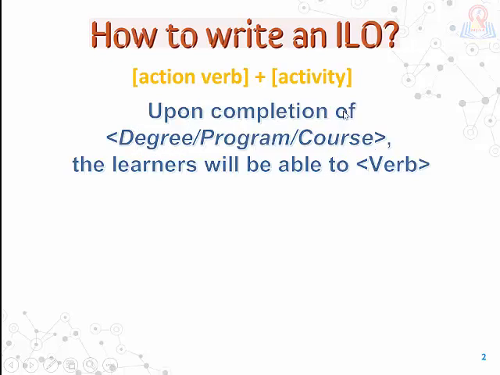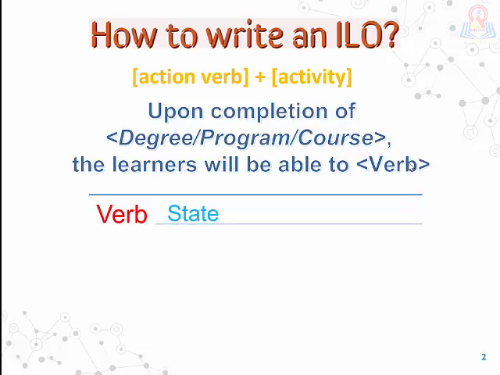Upon completion of a course, the learners will be able to, here comes the verb. This is the place you have to choose an appropriate verb. Today, we are going to see how to choose an appropriate verb in this place. Verbs are of different types.